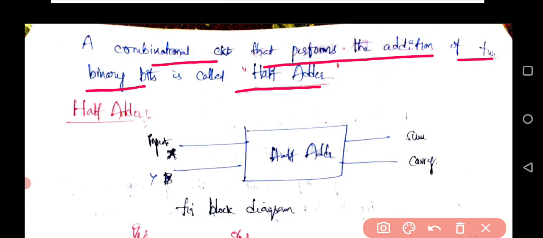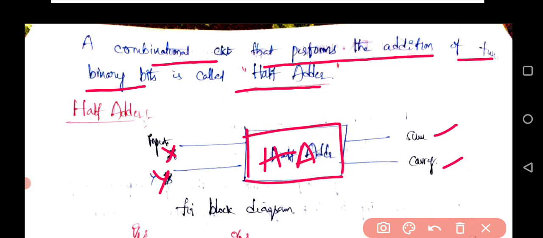This is the block diagram representation, where x and y are the input variables, and sum and carry are the outputs of the half adder.